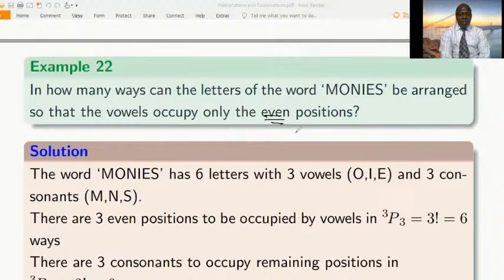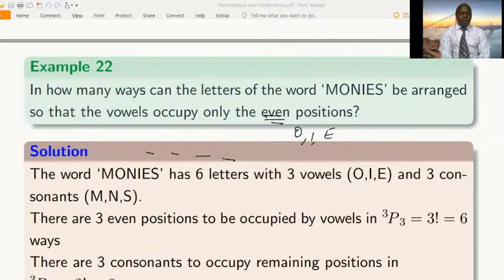So what vowels do you have? We have O, we have I, and then we have E. And then the rest are consonants, M, N, S. So how many even positions do you have? So, these how many letters? 1, 2, 3, 4, 5, 6. 6 letters.